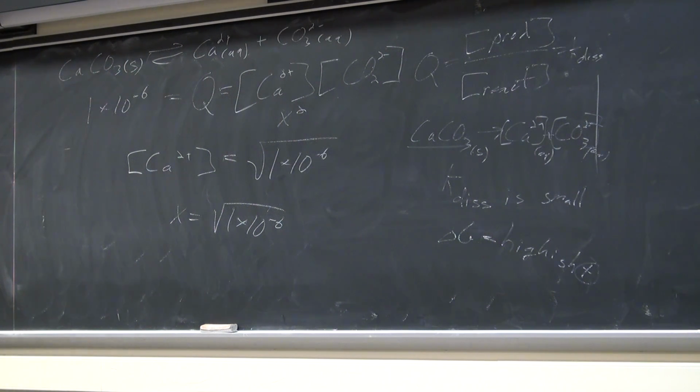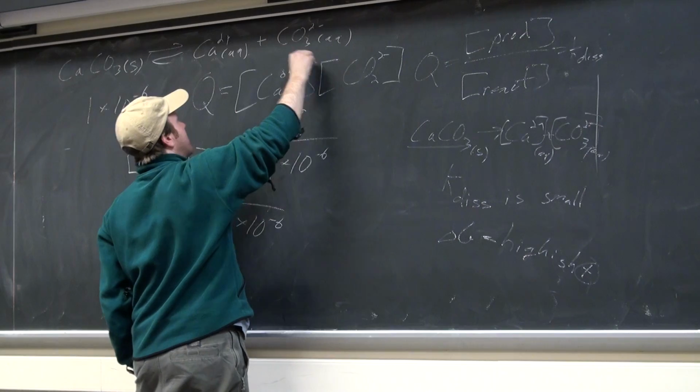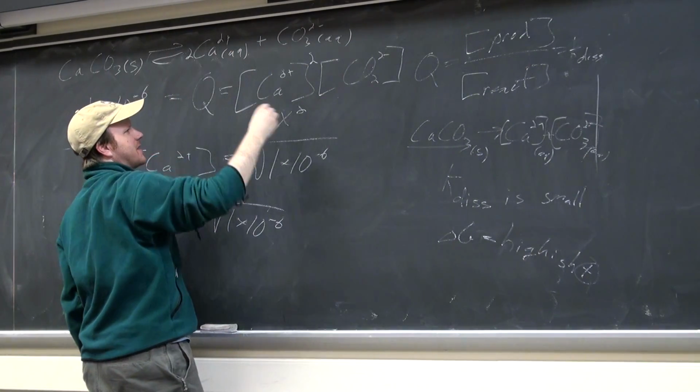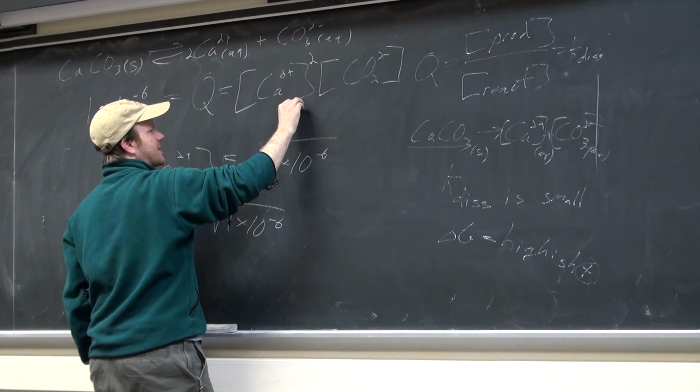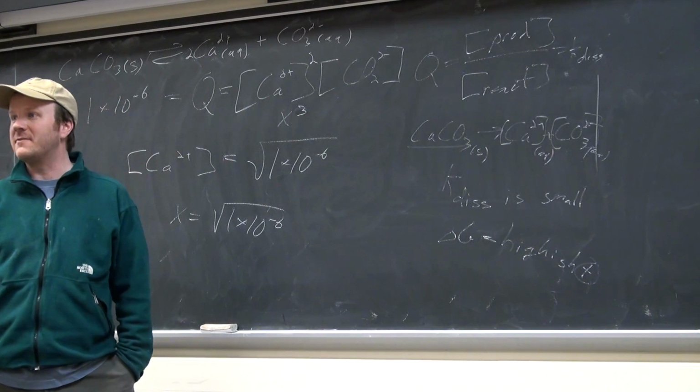So you always let the element be equal to x. Like if you have Ca2+ squared, that would be x squared. Yeah. So if this was squared, if there is a 2 in front of here or something like that, then this would be x cubed or whatever it is.